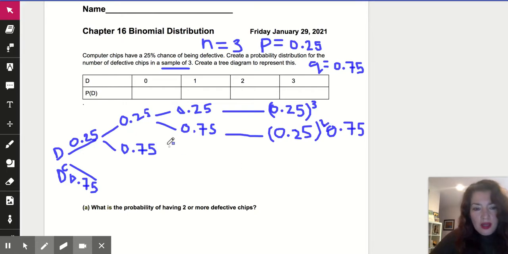All right, continuing along. So we have defective, then we go down, not defective. Then for the third one, I'm always going to put defective on the top. So 0.25 that it will be defective, or it will be not defective here.